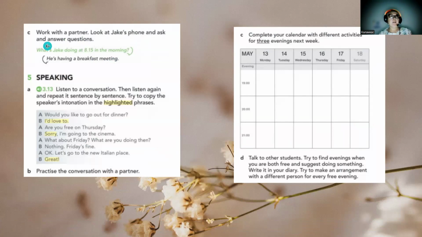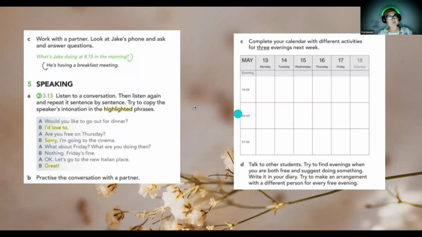Look at Jake's phone and ask and answer questions. What's Jake doing at 8:15 in the morning? So you should use your writings when you write Jake's schedule. And then please ask questions and you should answer yourself. We cannot make a conversation because we need at least two persons for a conversation, but I'm alone here.